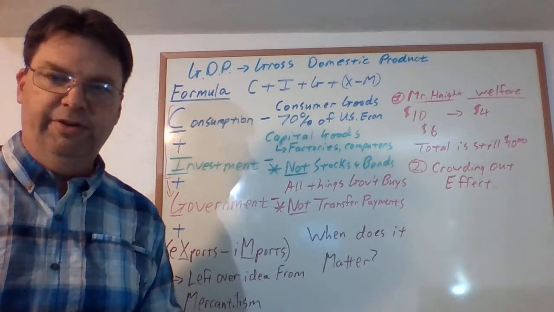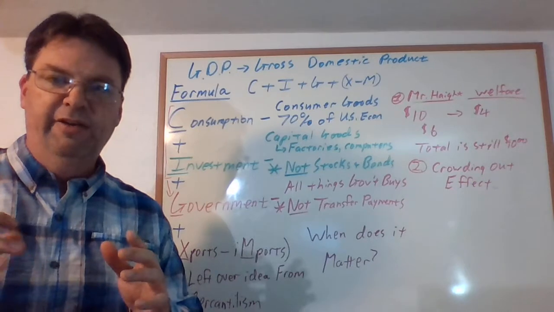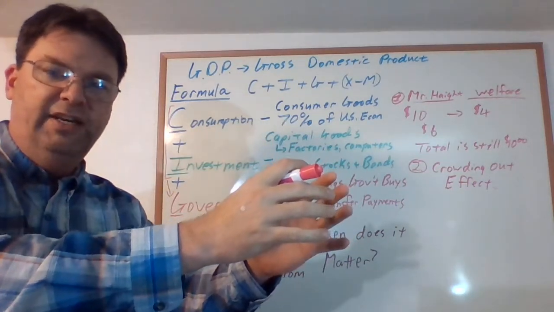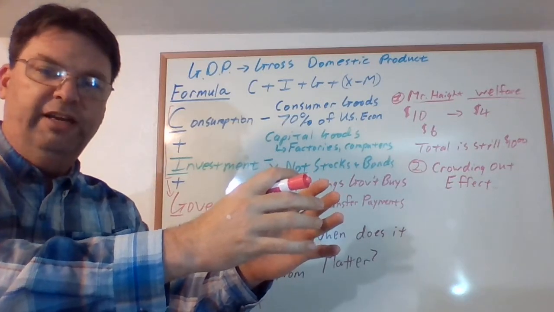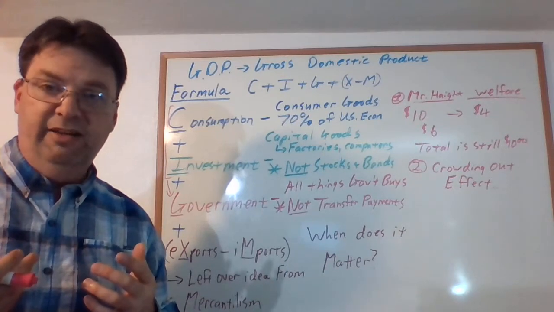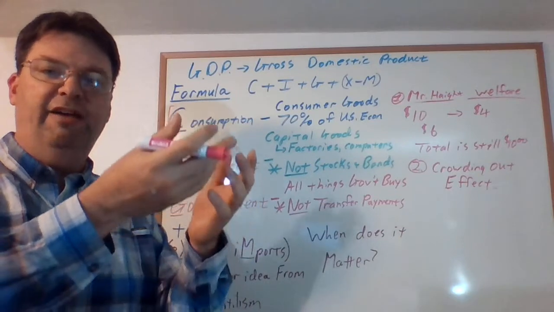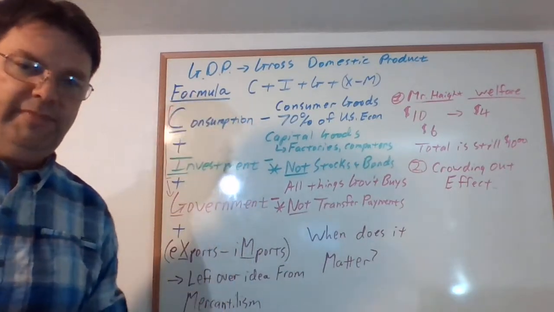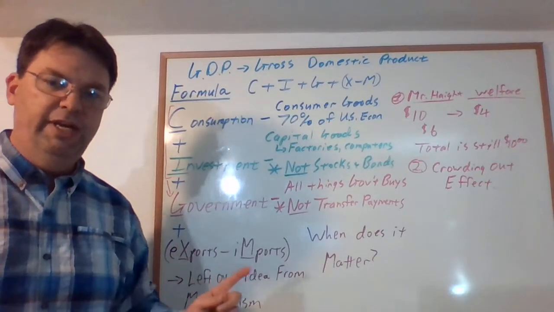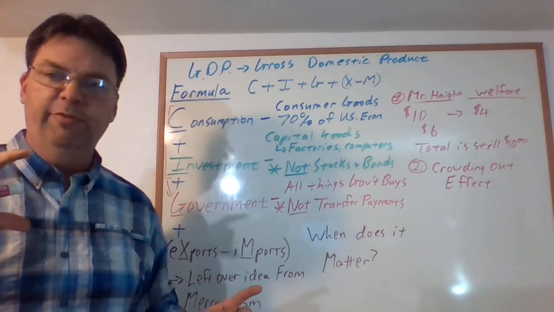Back in the 1600s, the mercantilists believed that all they had to do was go to the New World, form colonies, take the resources, and ship it to their factories back in England, France, Spain, and Germany, make nice stuff, and then sell it to the colonists that they took the resources from, and the home country would just have more wealth. So the idea was that if you could export more than you import, you would increase the amount of gold in your coffers and you would be wealthier.